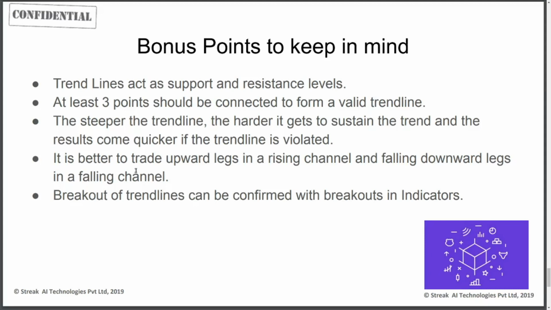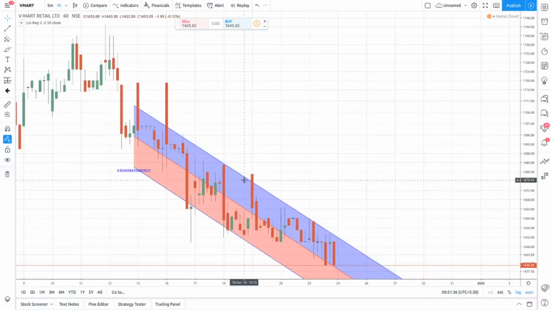Now it is better to trade upward legs in a rising channel and downward legs in a falling channel. What this means is, in a falling trend line, it's better to trade the falling legs, which is basically trading with the trend rather than against the trend, because the falling trends are longer.